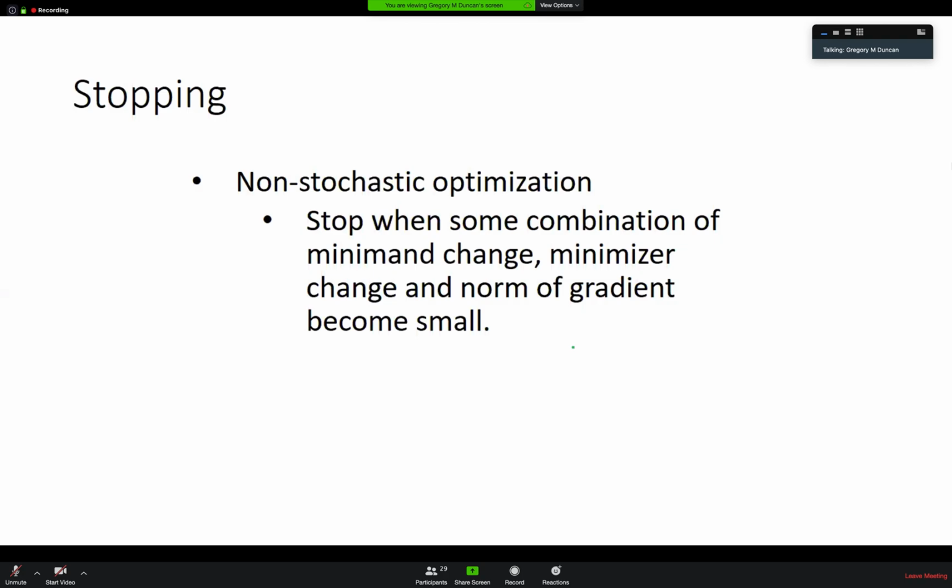Sometimes you'll say, if the gradient is 0, that is, the norm of a 0 vector is 0, so if that gets really small, we are essentially at 0. Or if the minimand isn't changing, or if you're maximizing and the log likelihood isn't changing, we'll stop then. Most of the rules are a combination of those, some average of those three. If all of those changes are small, then you stop.